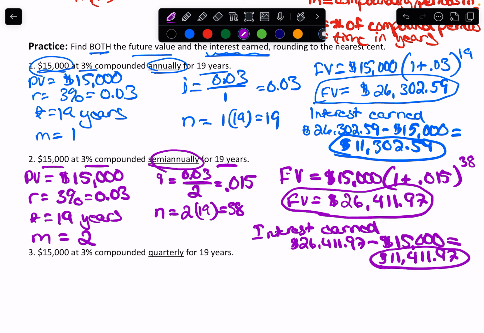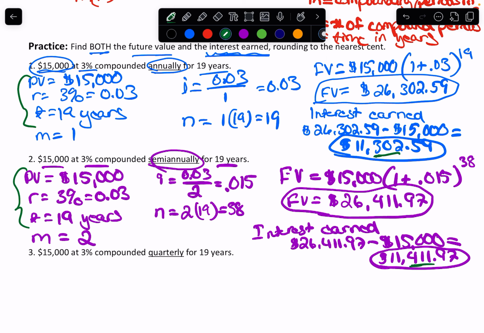Okay, so for both of these, this part is the same, and we can see already a difference when it's compounded 2 times instead of 1 time. Interest earned here was $11,300, and here it's $11,400.